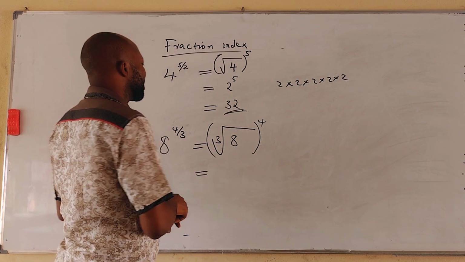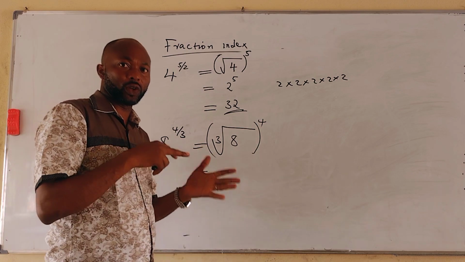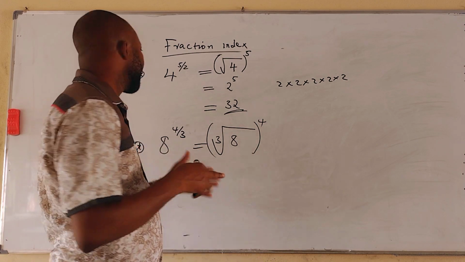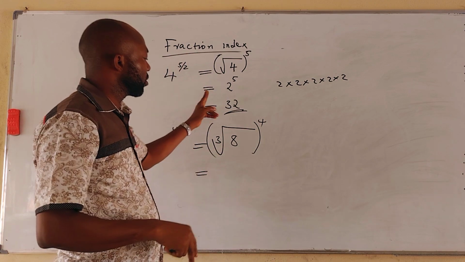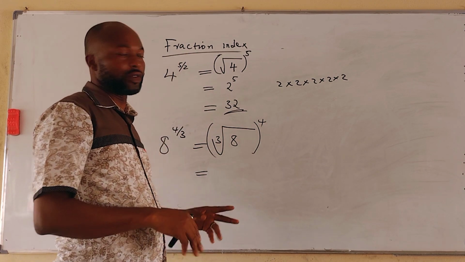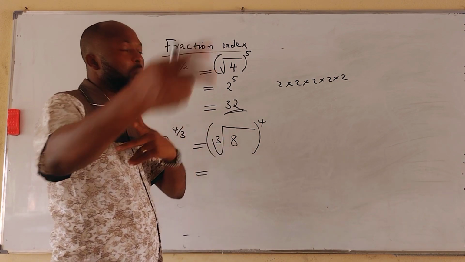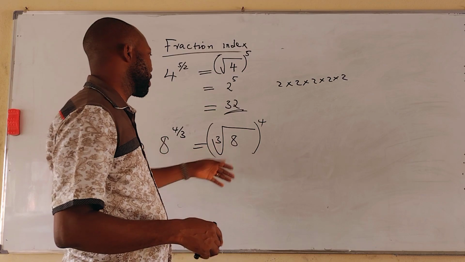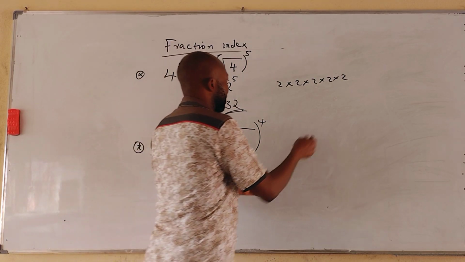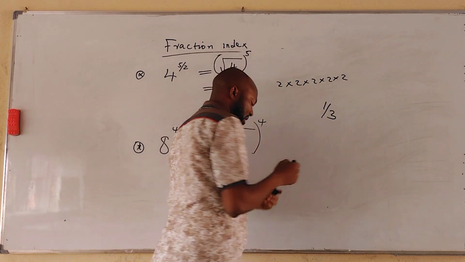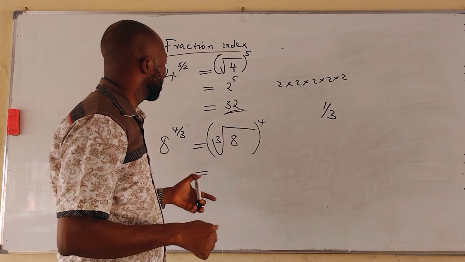But how will I know that? There are many ways. We can use our calculator: you press the second function root 8, which will give you 2. But we can also use Powers' law to break that down. Now we know that the cube root is the same thing as 1 over 3. 1 over 3 means cube root. I have illustrated that earlier on.